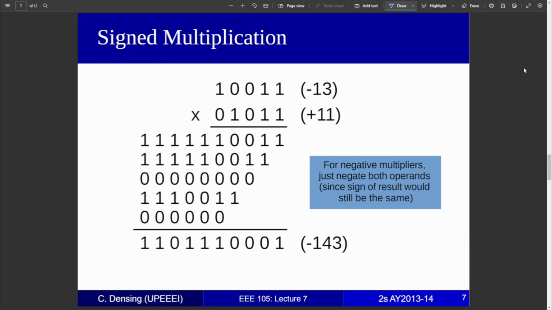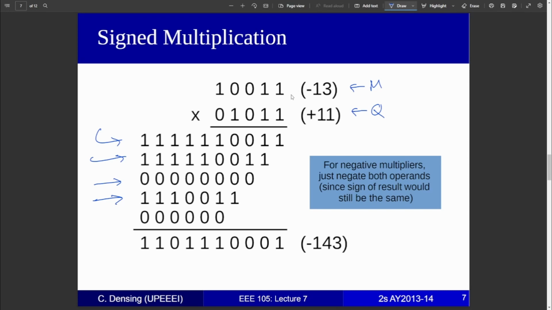For signed multiplication, actually, it's pretty easy if you have a signed multiplier and multiplicand. If the first number is negative and the second number is positive, what you do for signed multiplication is just extend the sign bits for negative numbers.